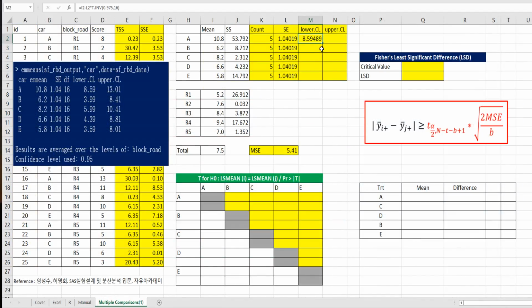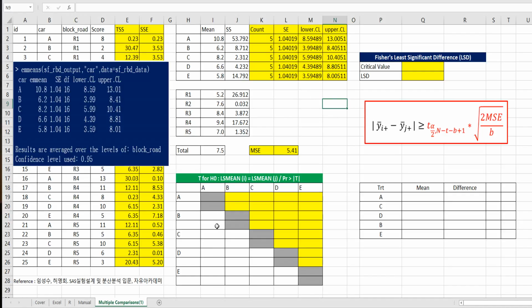Then we can apply this formula to other cells. To get upper confidence limits, we just need to change the formula from minus to plus. Okay, which is the same as our output.